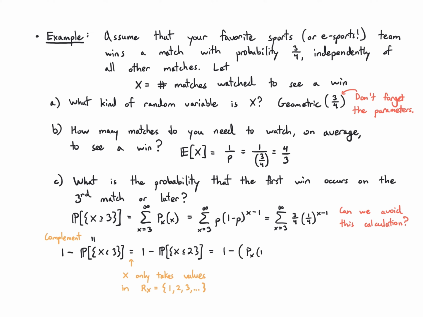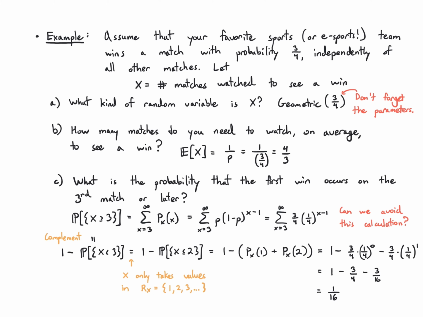So this actually is going to be 1 minus the PMF value of x at 1 plus the PMF at 2. That's 1 minus 3/4 times 1/4 to the 0 plus 3/4 times 1/4 to the 1. So 1 minus 3/4 minus 3/16 is 1/16. And if you did go and calculate that geometric series, you would get the same answer.